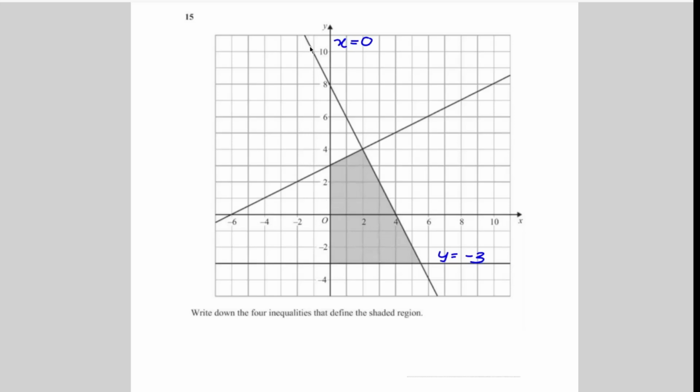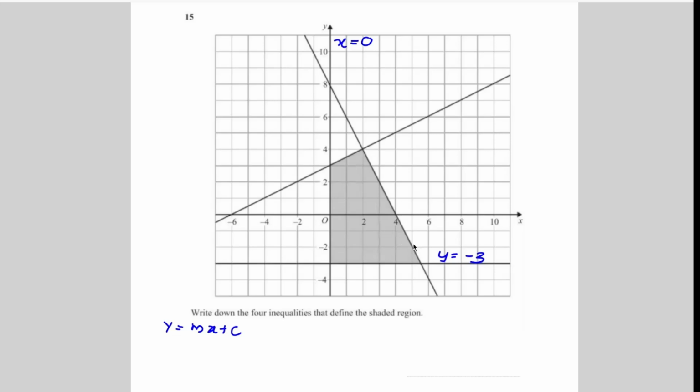The other line is this one. So this is a slant line. This is the type of equation y equals mx plus c. Then we need to have the gradient and y-intercept. So y-intercept, just by looking at the graph, we can get it.